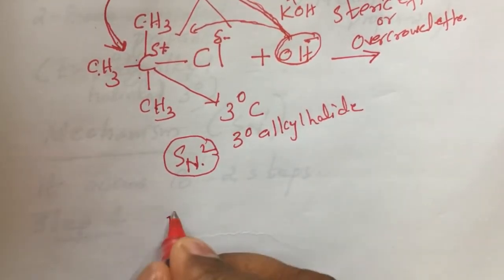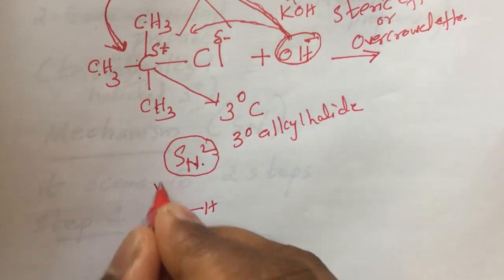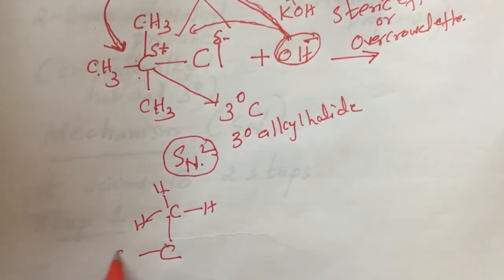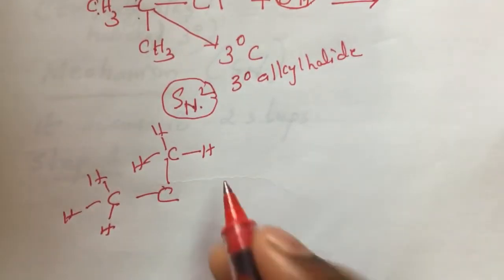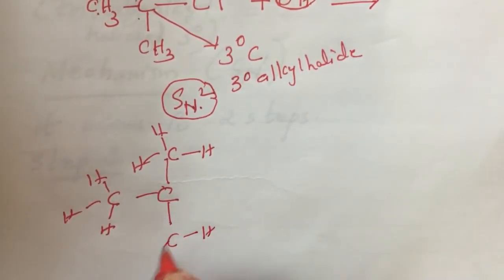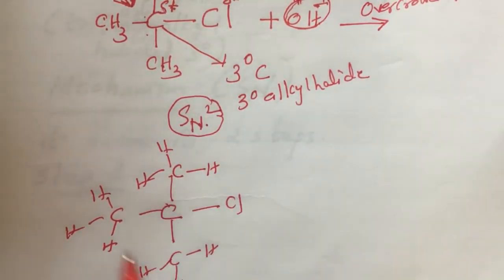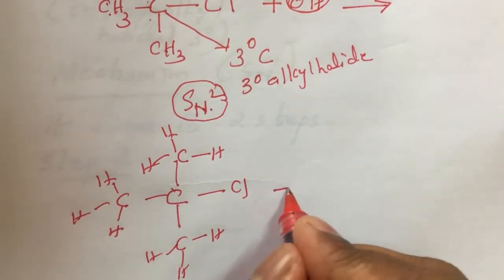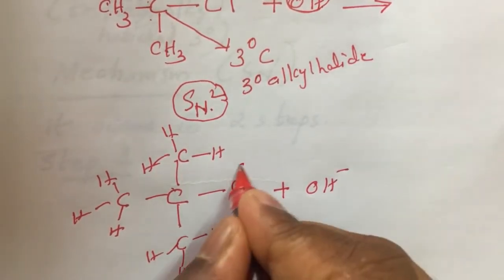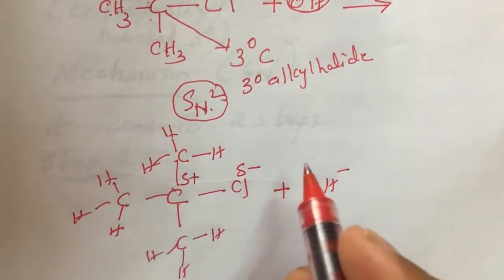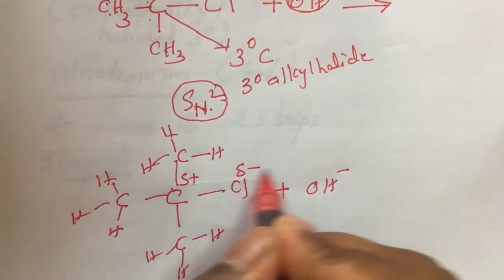See, CH3 we can draw like this, CH3, then CH3, then Cl. Same molecule, but here the complete structure of that compound is given. Then OH minus, Cl negative, carbon positive. It cannot attack from the front side due to the repulsion.